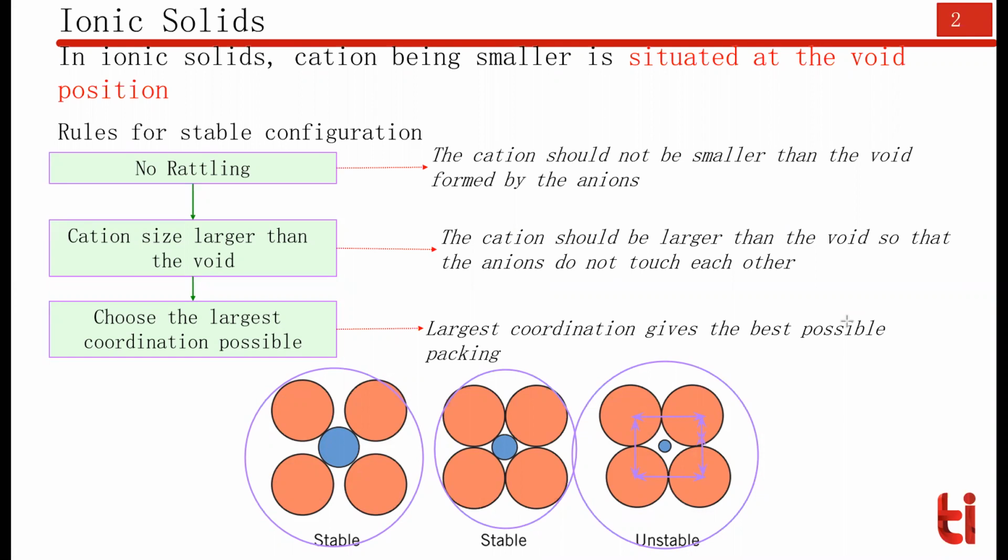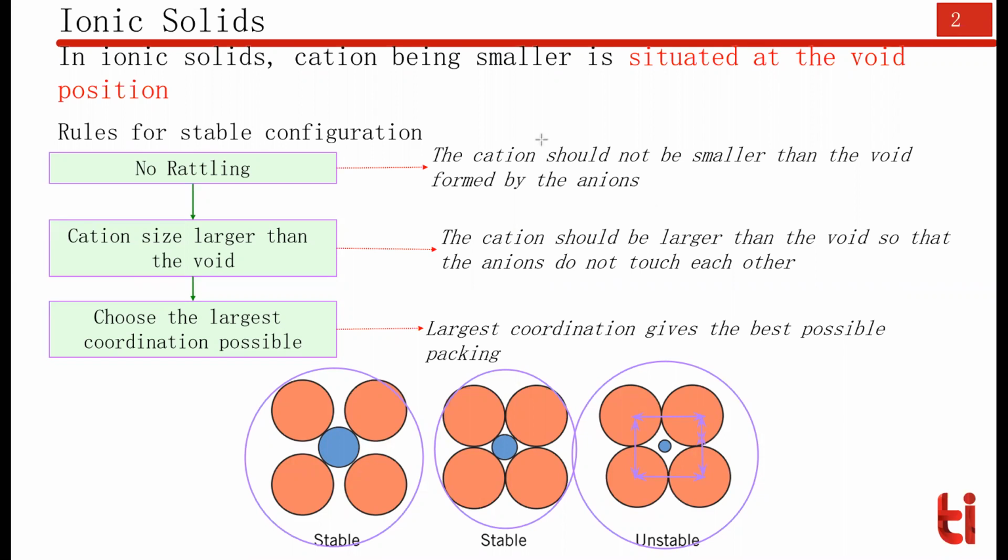Now, there is a question whether the anion will go at the valley side, that is the center, or the cation will go at the valley side. So remember, out of the two, the smaller one will always go into the valley side. So which one is smaller?